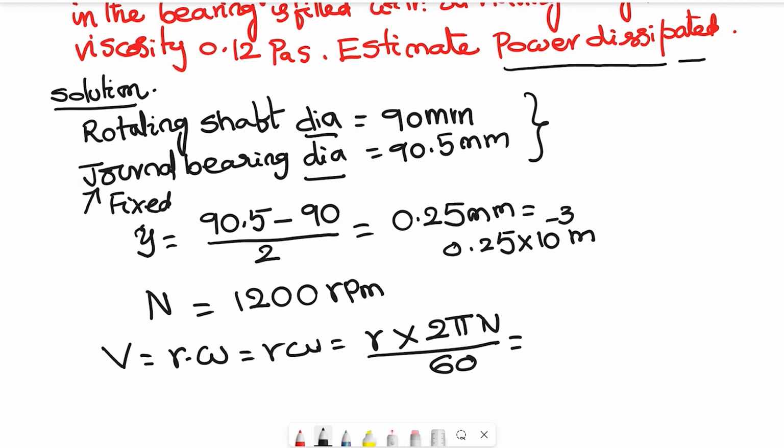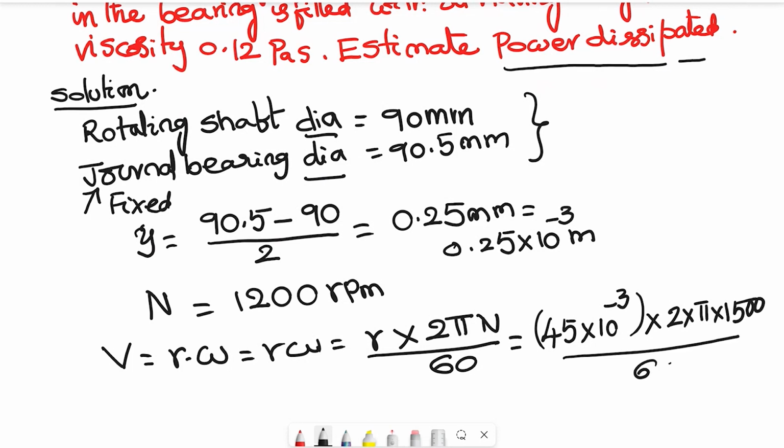R is the radius of the rotating cylinder. The rotating cylinder diameter is 90 mm, so the radius is 45 into 10 to the power of minus 3. Why 10 to the power of minus 3? It is only to express in meters. Into 2 into pi into n, which is 1200 divided by 60. So this is in meters per second.